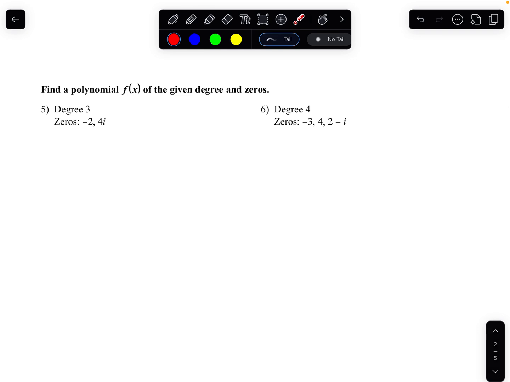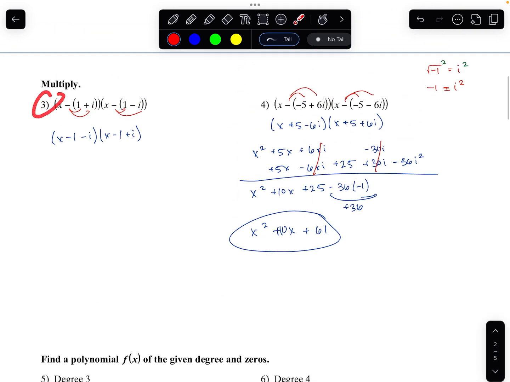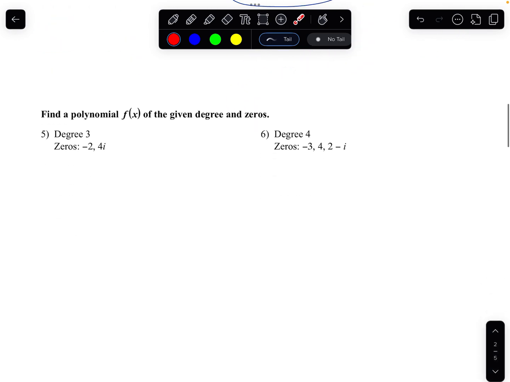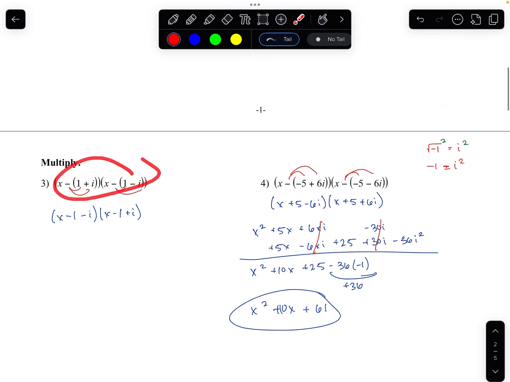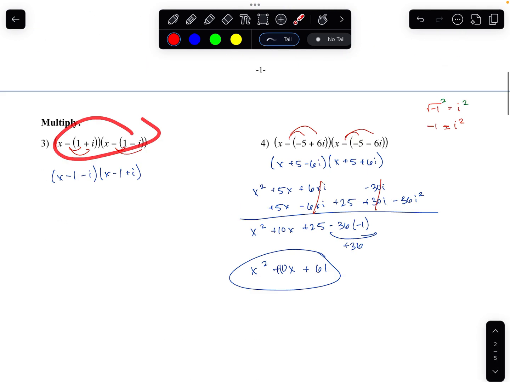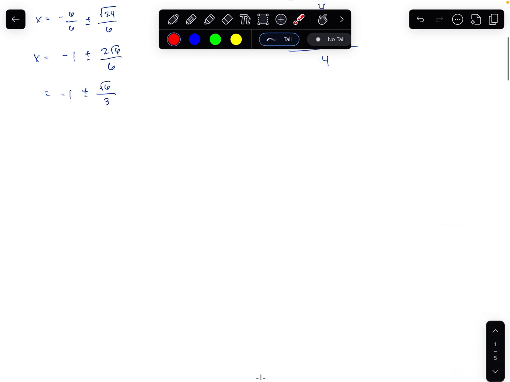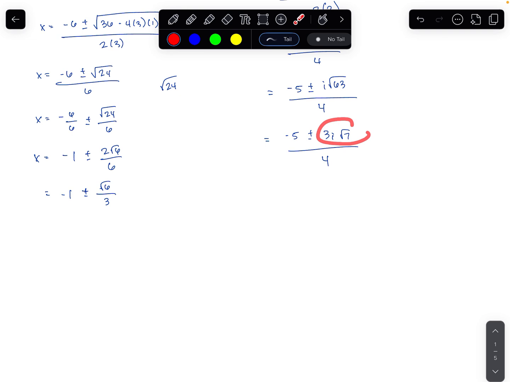All right, for 5 and 6, it's asking you to find a polynomial. We're going to do pretty much the same thing that we did in 3 and 4. We're going to be multiplying factors, but you need to find the factors that you're multiplying. One thing to keep in mind is that imaginary numbers always come in positive and negative pairs.